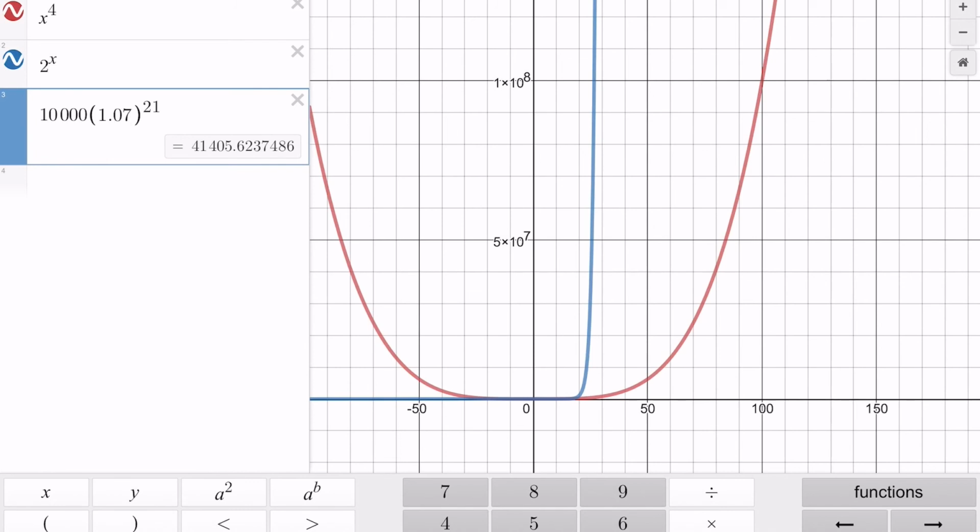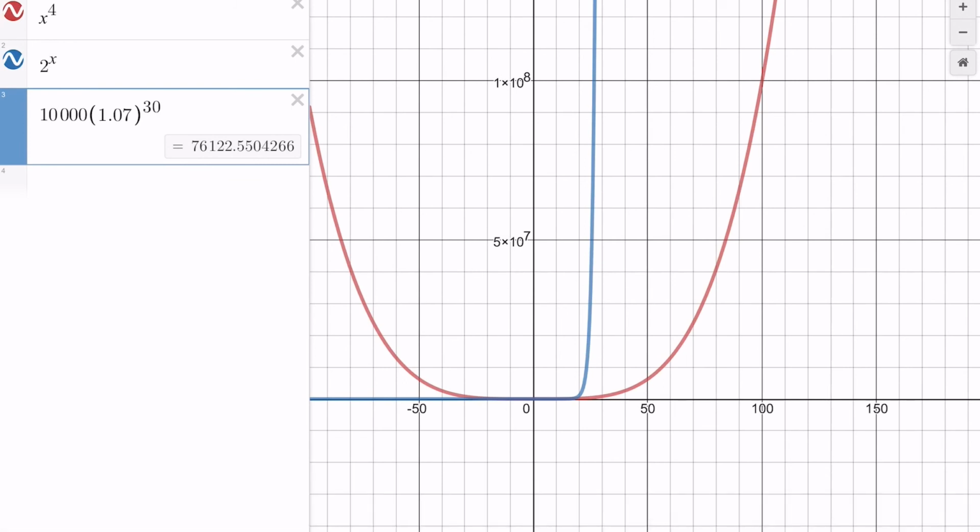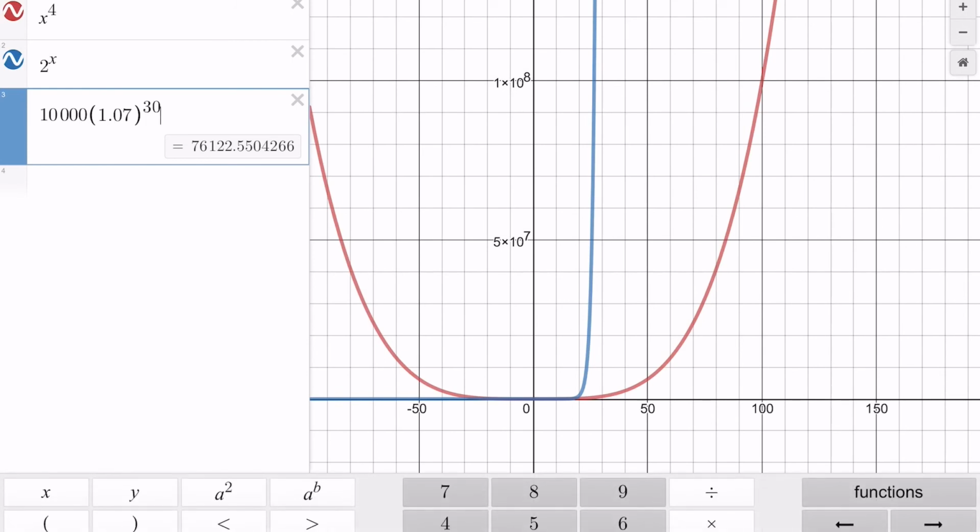That means that if you invested $10,000 for, I don't know, 30 years, that same $10,000 would now be worth $73,000 in 30 years. So it's really cool just looking at how fast this grows.